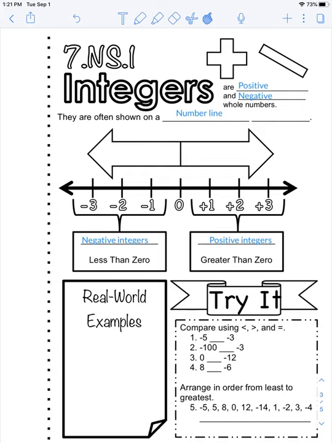All right, so some real-world examples of where we might see integers. The first thing that comes to my mind living in Minnesota is temperature, partly because a thermometer looks like a vertical number line, and also because we have negative temperatures here. So I'm going to write in the real-world example box, temperature. Now take a minute and see if you can think of where you might see integers in real life.